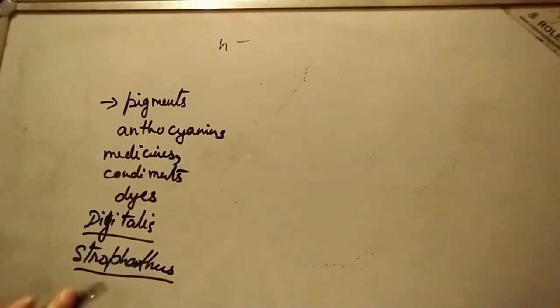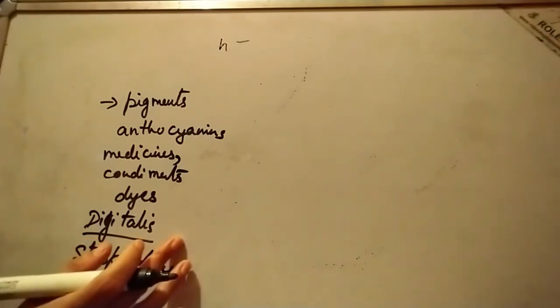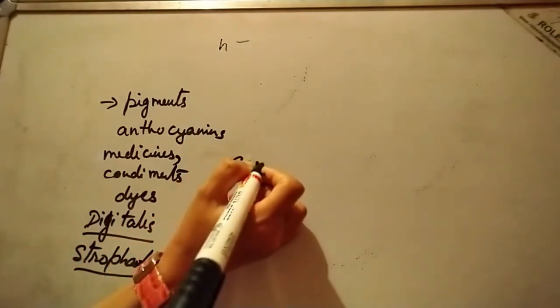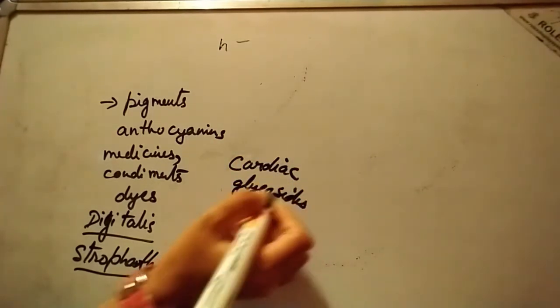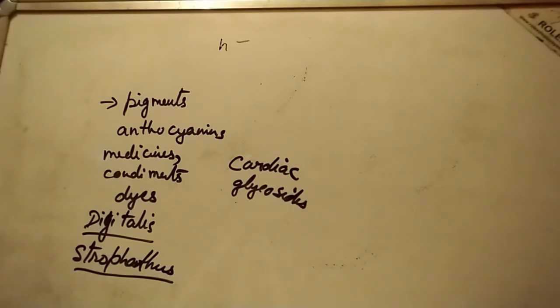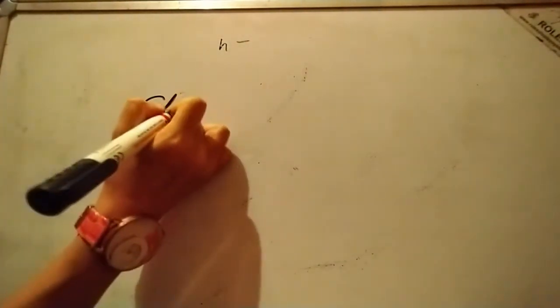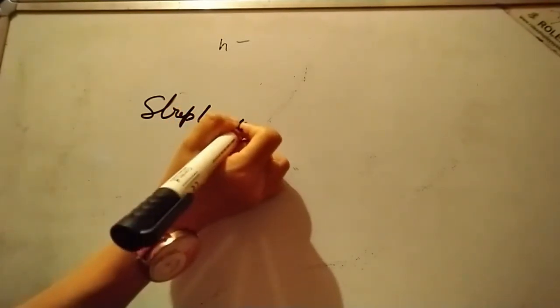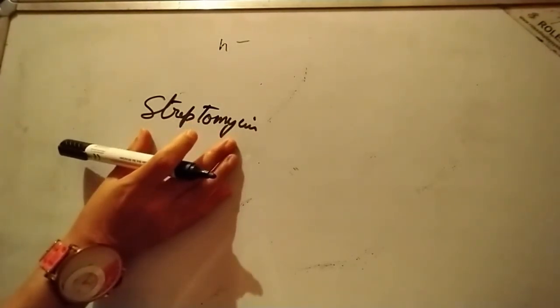They belong to a group of glycosides known as the cardiac glycosides, because they have a stimulating property and can stimulate the heart. And many other antibiotics, such as streptomycin, are glycosides.